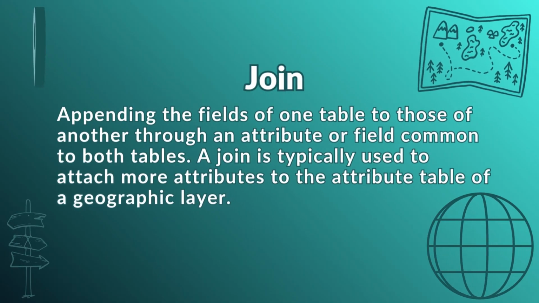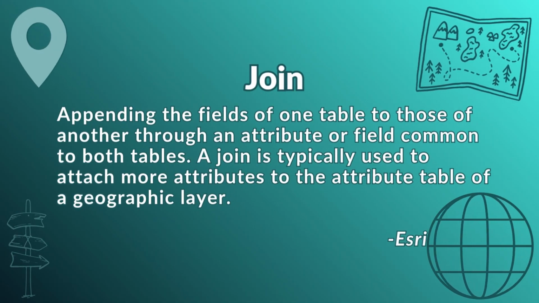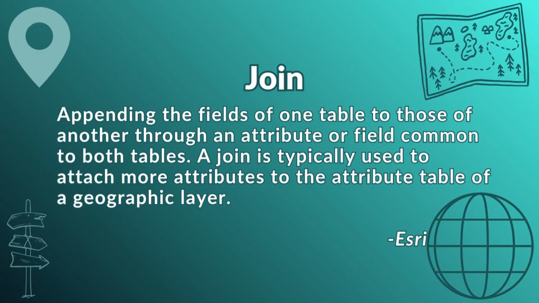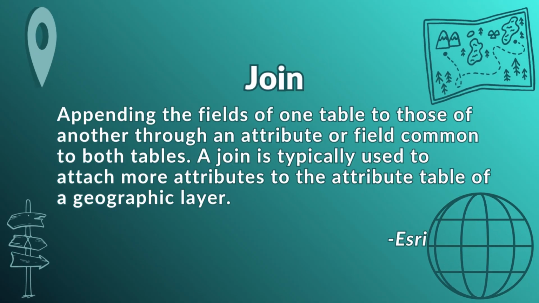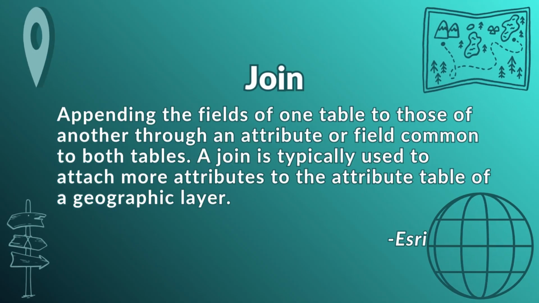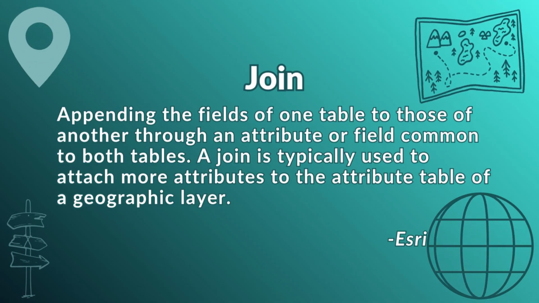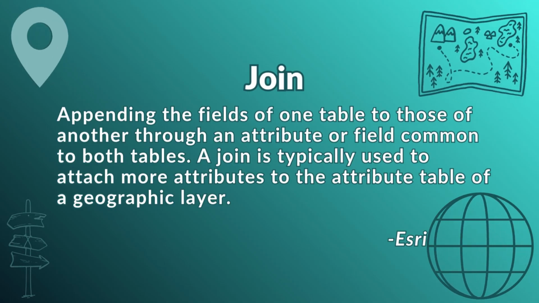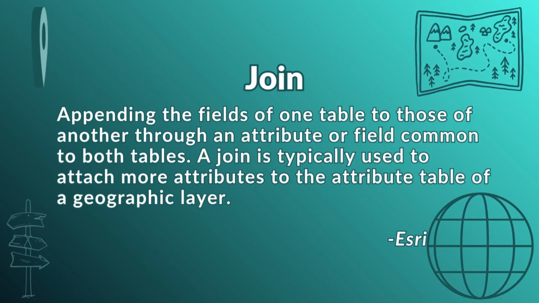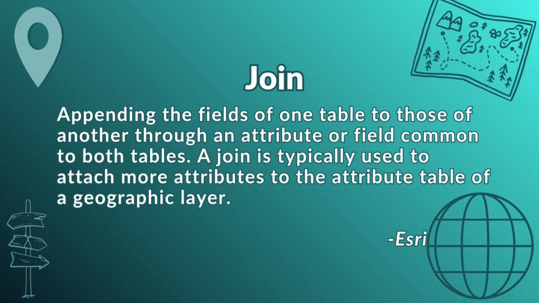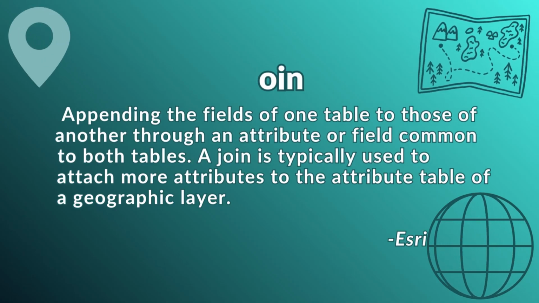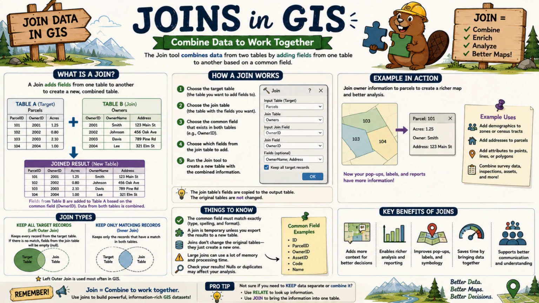But a join, on the other hand, operates with a much heavier footprint. Right, because a join commands the database engine to temporarily merge the external data directly into your feature class's attribute table. For the duration of that specific map session, yes. Let's use an example. Say I have a feature class of the U.S. states, just the geometric polygons. That's the shapes. Just the shapes.